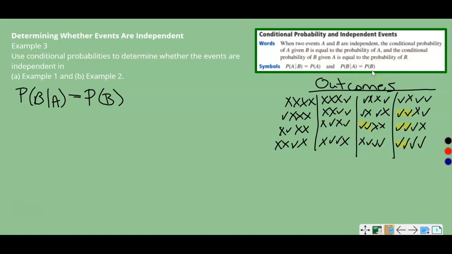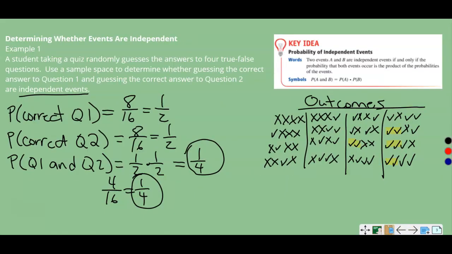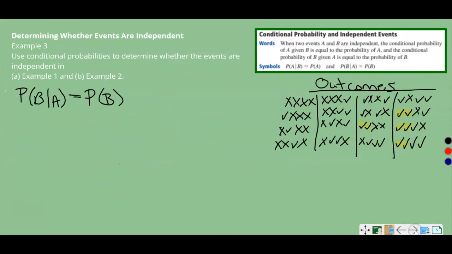So how are we going to determine that? Well, again, the question type is correct on question 1, correct on question 2. So I'm going to put the probability of B, correct on question 2, given correct on question 1.